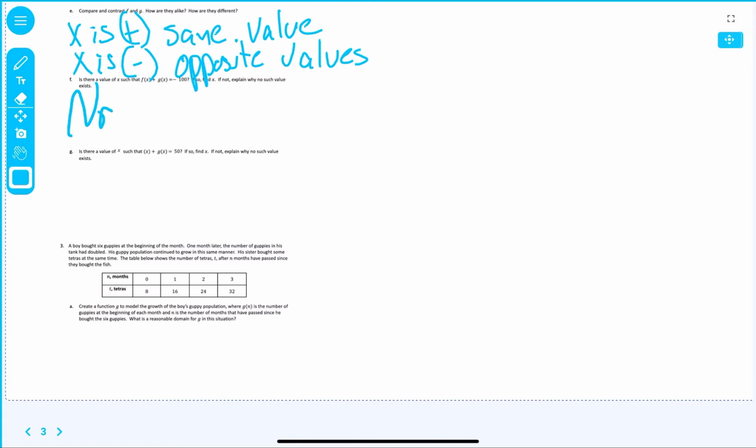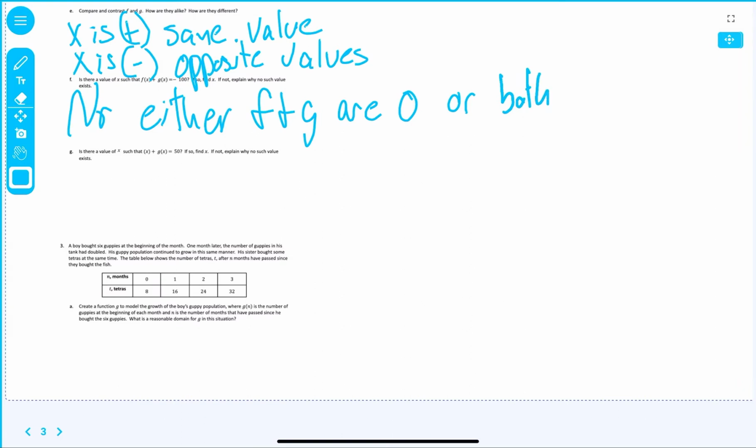So no, either f and g are 0 or both positive. Therefore, you cannot have that. If they're both 0, if we add them together, they're going to equal 0, right?